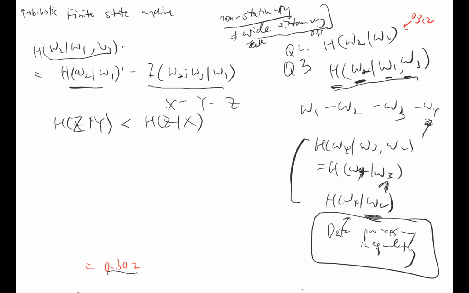And typically it's written in another form: the mutual information of Z and Y will be bigger than the mutual information of Z and X. So these two are essentially the same.